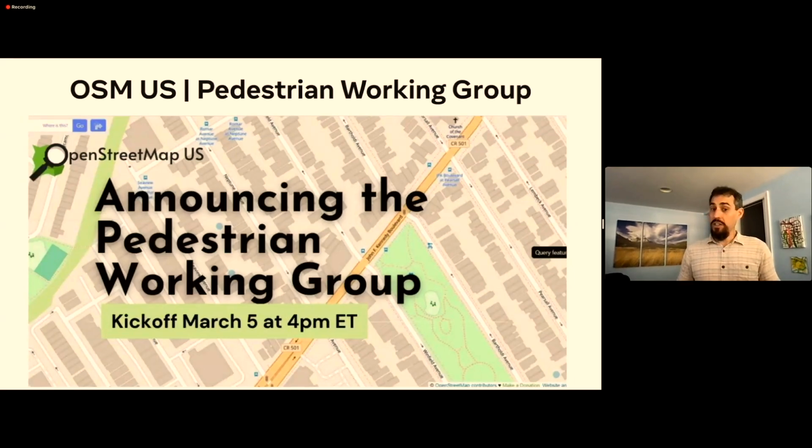In March, OpenStreetMap US kicked off a pedestrian working group. I co-chair it with Maggie Crowley, who's the executive director of OpenThePaths. We have two meetings, and the next one's going to be late May, so we're in the process of defining what the next steps are going to be. Schema development is a big one.